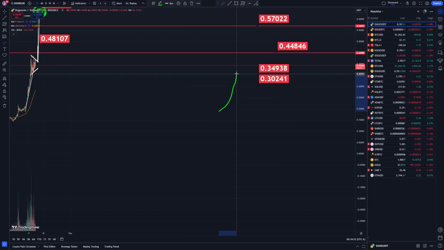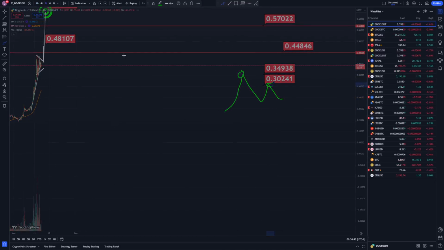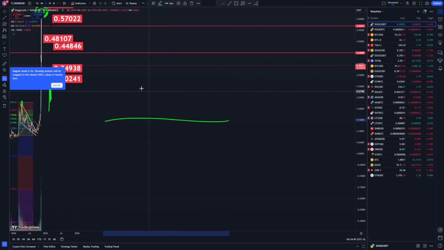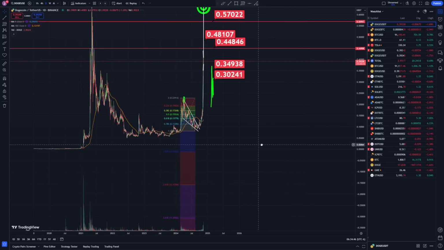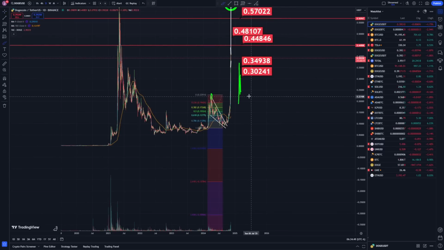Actually, let's go to the first one. It acted as resistance, and then we came down, and then hit this one, came down as well. So these were previous resistances. These are the previous resistances that I'm looking at over here. Those are those two levels.